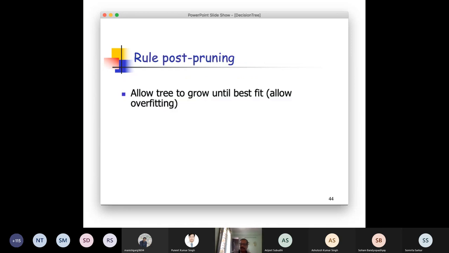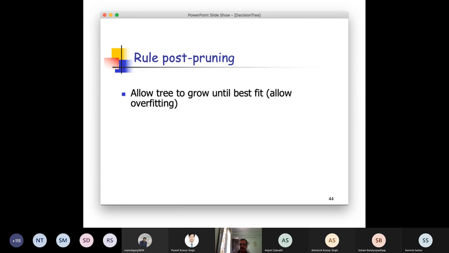What it means, I mentioned earlier also, is that each path of the decision tree can be considered as a rule. Because in each path you have the conjunctive literals based on the attribute values, and finally the value of the leaf node, that is your corresponding result of the expression.